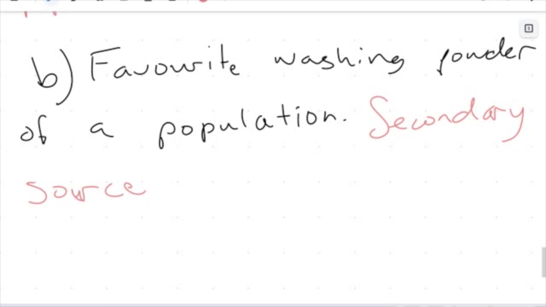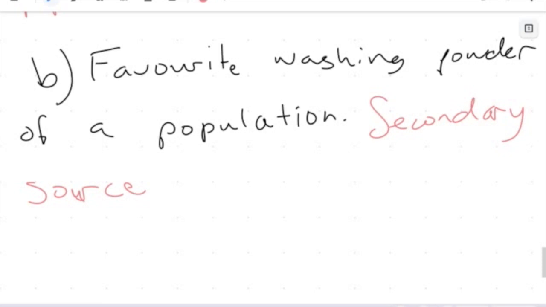Why? Because this could be carried out using, say, results from a market research agency, something like this, because we can run a primary thing, which we can conduct ourselves, but we're not going to conduct something for the entire population.